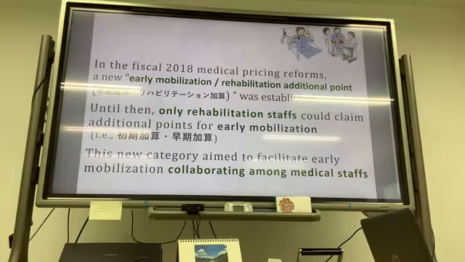In the fiscal 2018 medical pricing reforms, a new early mobilization and rehabilitation additional point, in Japanese, Sokirisho Rehabilitation Kasan, was established. Until then, only rehabilitation staffs could claim additional points for early mobilization, for example, Shoki Kasan or Soki Kasan.